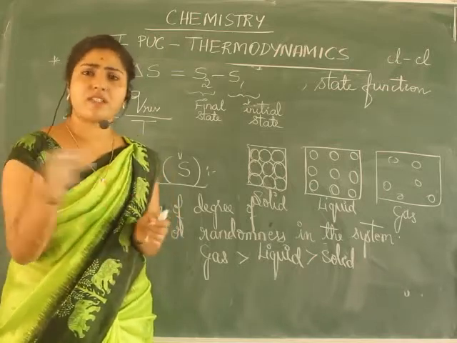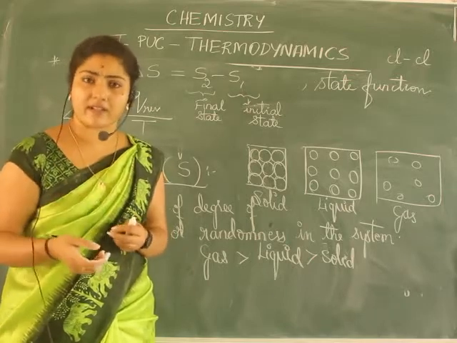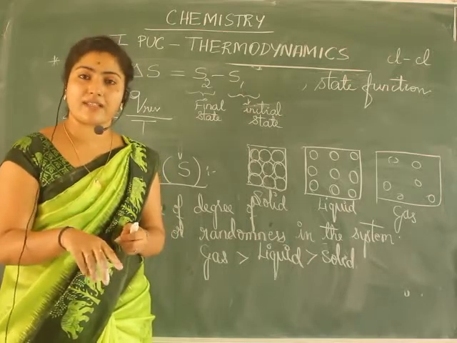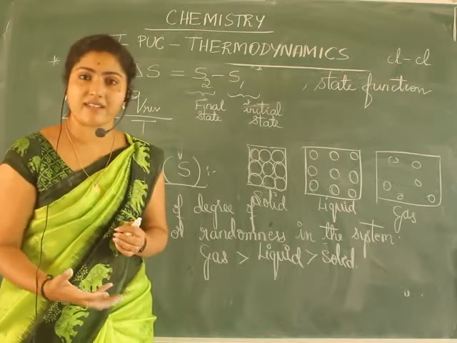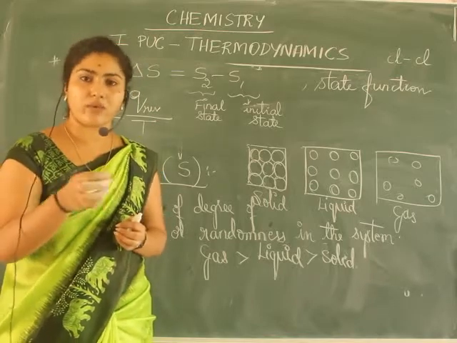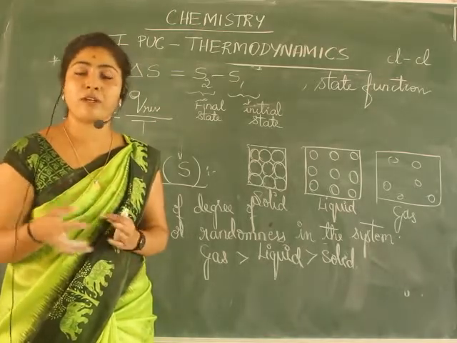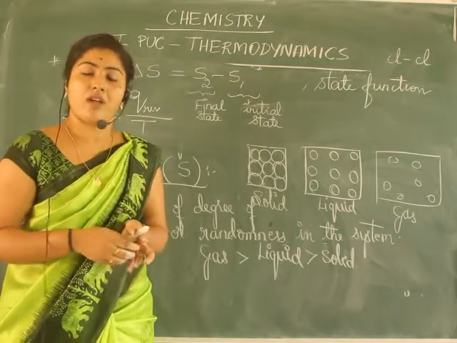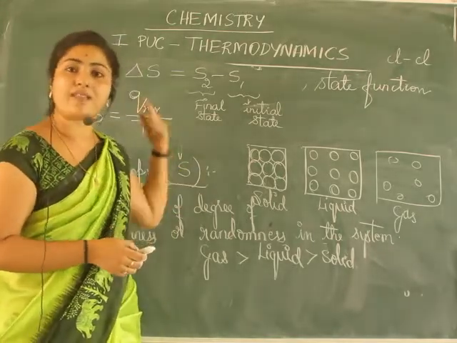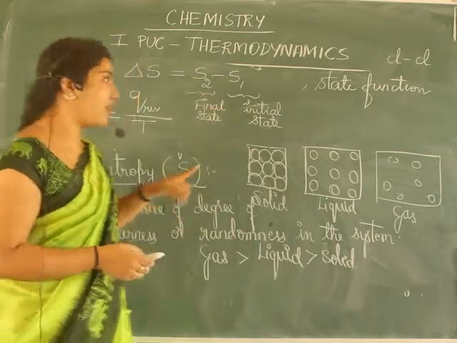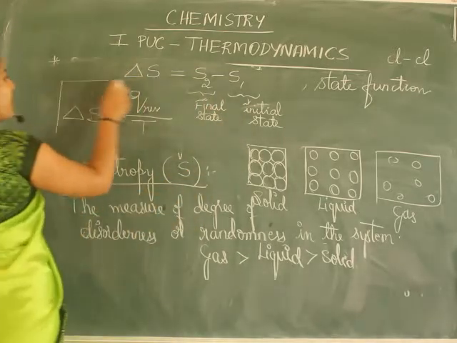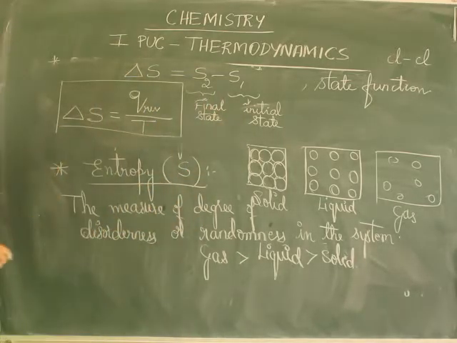The particles will start moving even faster. That means kinetic energy increases, the disorderness increases. The molecules were moving to some extent, but now the movement of the particles is even more. Therefore, we say entropy is more when temperature increases. Therefore, we have the expression change in entropy is equal to Q reversible by temperature. This is one expression we have.